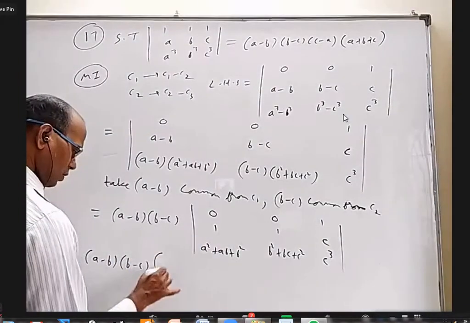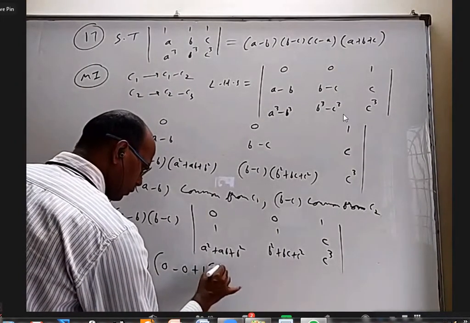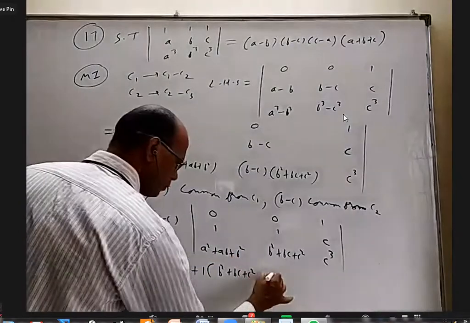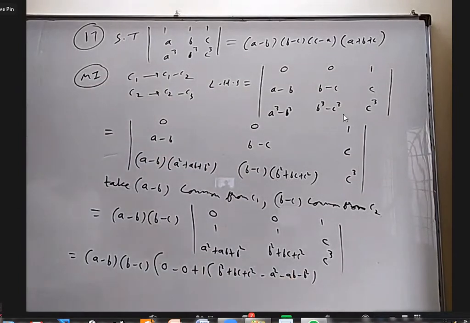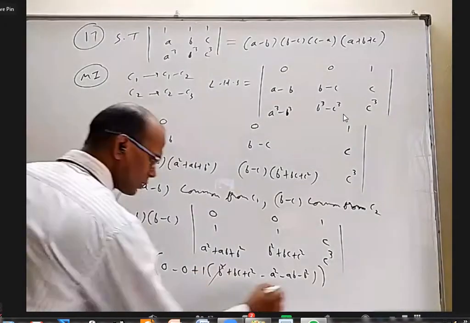So when I expand this, 0 minus 0 plus 1 into b square plus bc plus c square. This product minus a square minus ab minus b square. I can cancel b square.